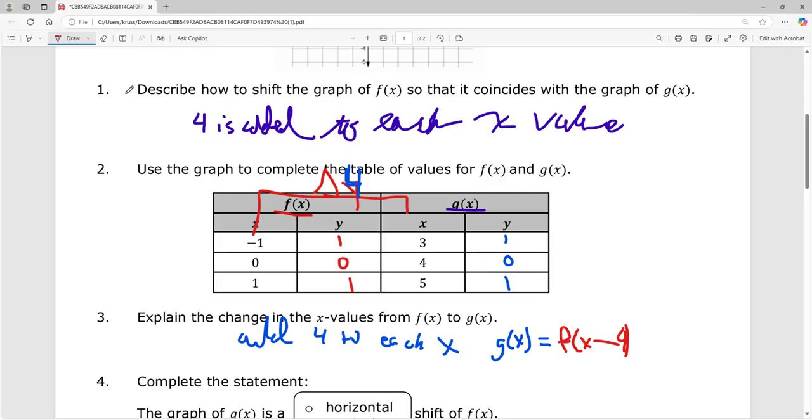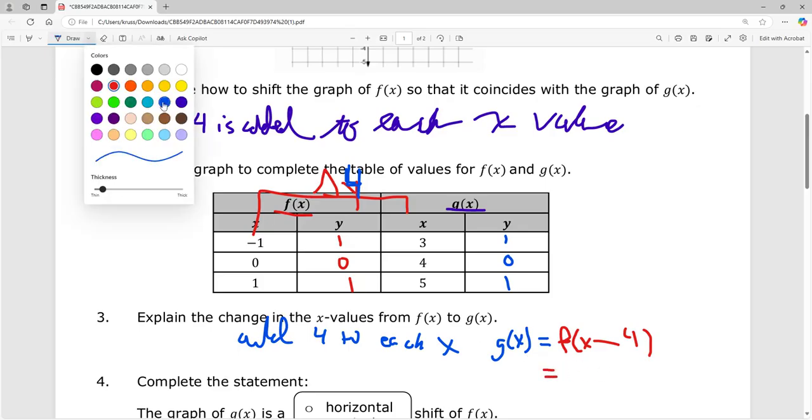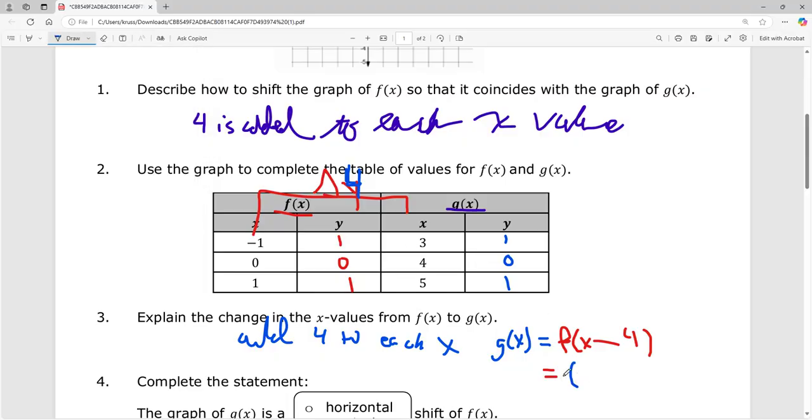Sorry, my mouse got caught. Minus 4 algebraically. So to write my equation, g sub x equals the quantity, it's 1, right? Because it didn't have anything out in front of it, okay? And it's going to be x minus 4 quantity squared, and that is it.